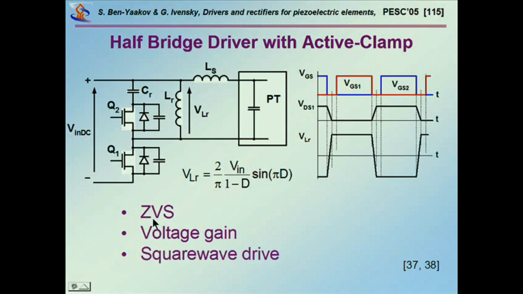and the features of this are, number one, zero voltage switching. Number two, you have a voltage gain, and the reason is that you build up voltages which are higher than the input voltage. The disadvantage is you still get something like a square wave, because when the transistor is on, you feed basically the input, and when the transistor is off, you basically feed in the voltage of this active clamp capacitor.